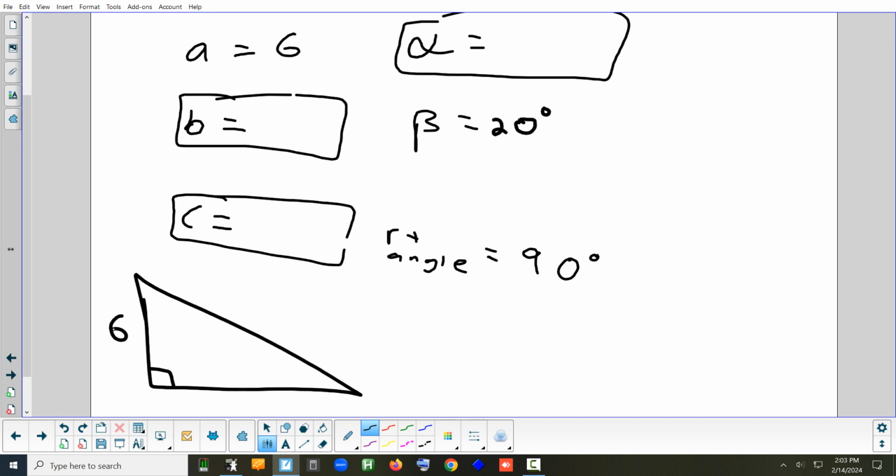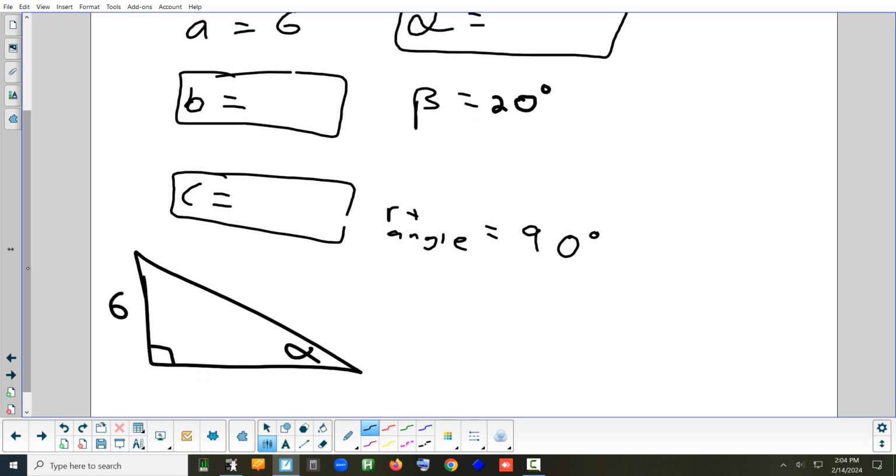What's alpha? We don't know. I don't care if we could figure it out easily. I don't want to do that here. So I got A, I got alpha. Okay. What's B? We don't know. What's the angle across from B? Beta, which is 20 degrees.